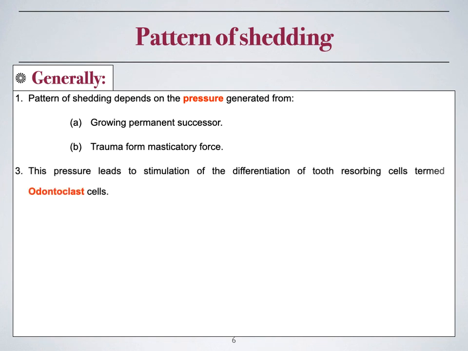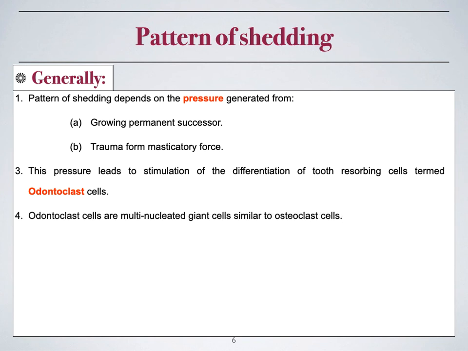This pressure leads to stimulation of differentiation of tooth resorbing cells, termed odontoclast cells. Odontoclast cells are multinucleated giant cells similar histologically and morphologically to osteoclast cells.